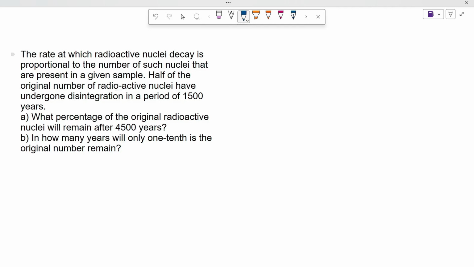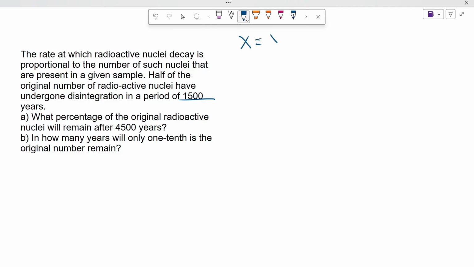What percentage of the original radioactive nuclei will remain after 4,500 years? Let me just read it again. The rate at which the radioactive nuclei decay is proportional to the number of such nuclei present. Half of the original number have undergone disintegration in a period of 1,500 years.